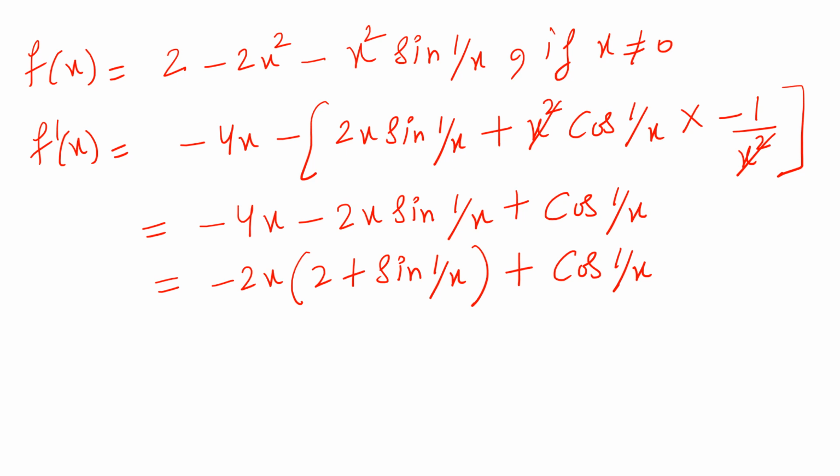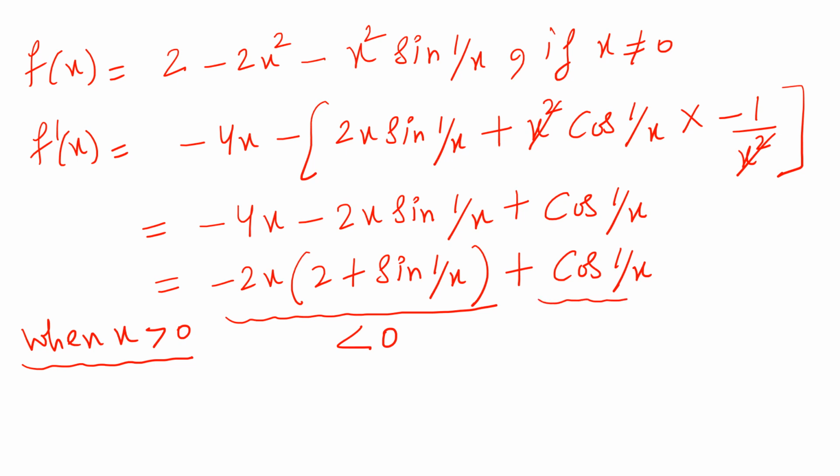Now students, to check this option, I will take x greater than 0. Now when x is greater than 0, clearly minus 2x is negative. And 2 plus sine of 1 upon x is a number lying in the closed interval 1, 3. So it is the product of a positive real number with a negative real number, which is clearly negative.